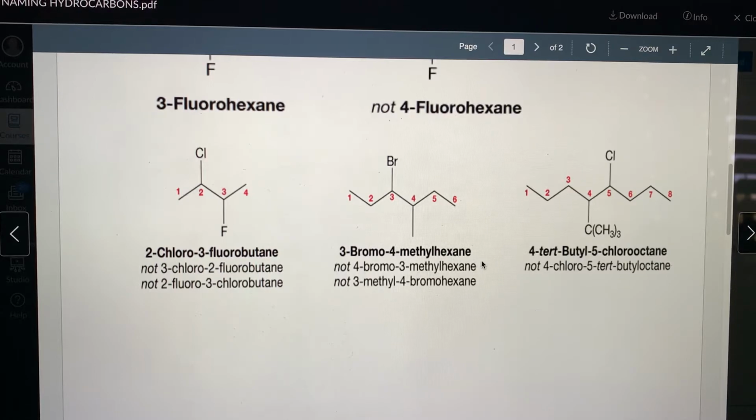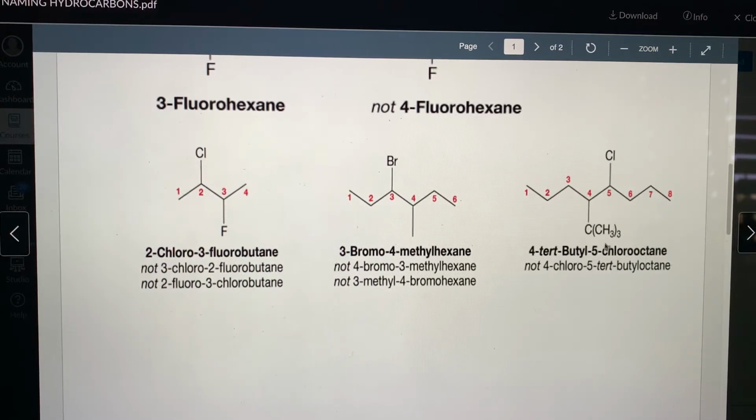And you've got a fancy substituent here: 1, 2, 3, 4, and then you go 1, 2, 3, 4. So that's a tie, but chloro versus tert-butyl. That's a carbon with 3 methyls, a tert-butyl, tertiary butyl. And you base the order on the B, not the tertiary.